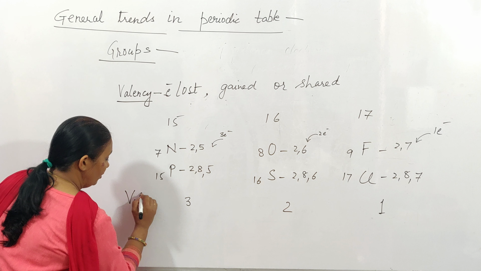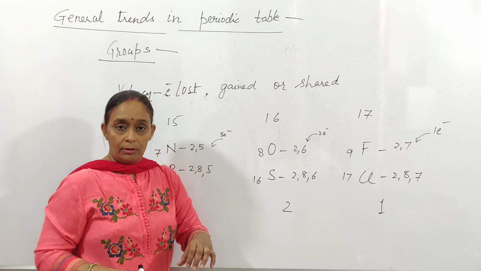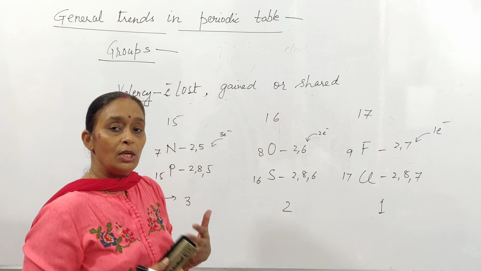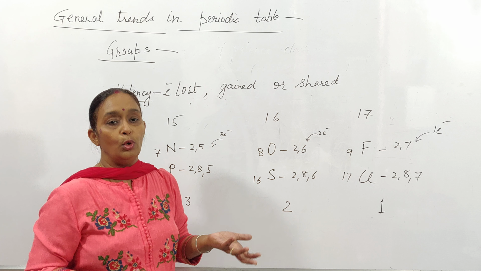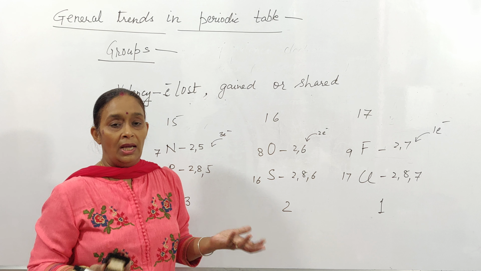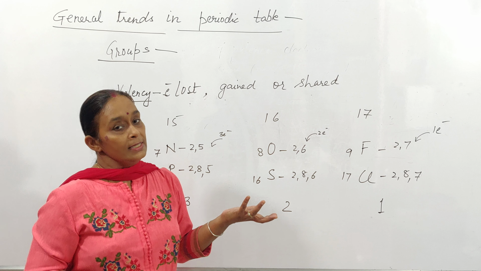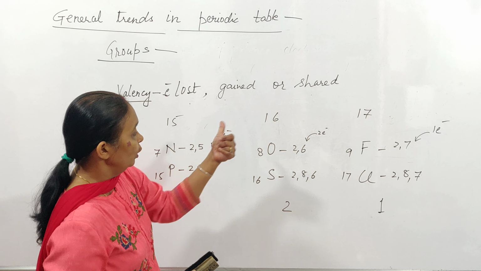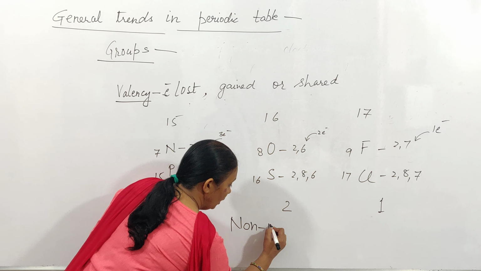So this is how you can find out the valency of elements by the number of electrons lost, gained or shared. 0 group elements which have a stable electronic configuration, they are not going to lose, gain or share anything. So they will be having a valency 0. These elements which are gaining 1, 2 or 3 electrons are actually non-metals.